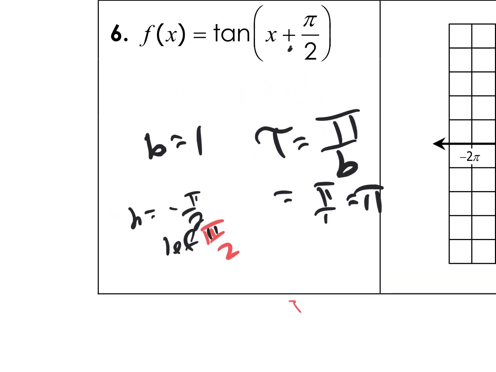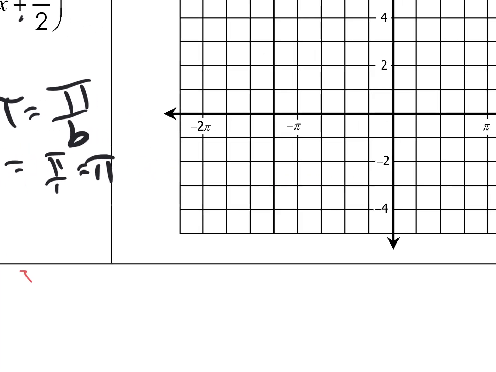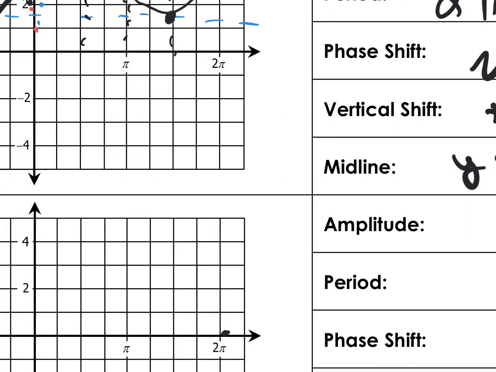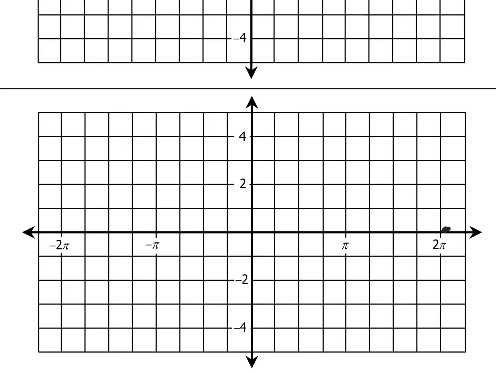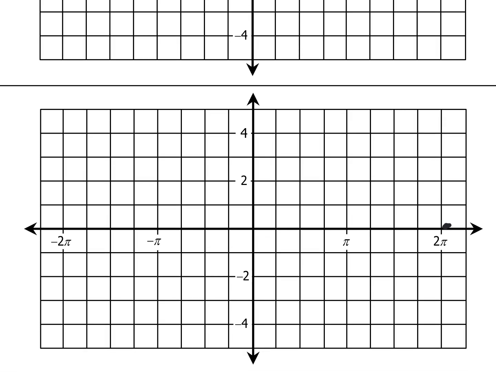Let's go back and look at it. Does this thing go up or down? So h is 0. k is 0. So it doesn't go up or down. The only thing this does is go left pi over 2. Here's how I'm going to do it. I normally put a dot at 0, 0, but instead it's going to shift pi over 2. So there's a dot here. Then there's a dot pi over 2 again.